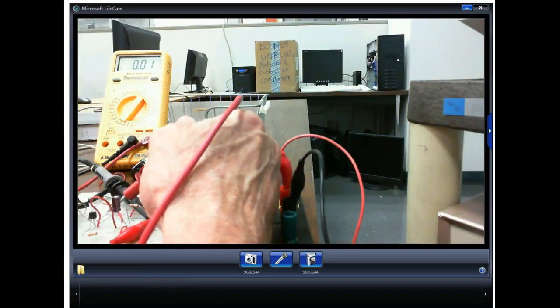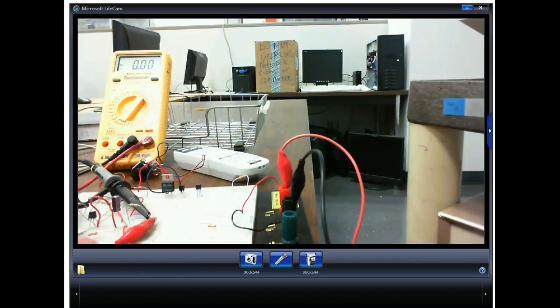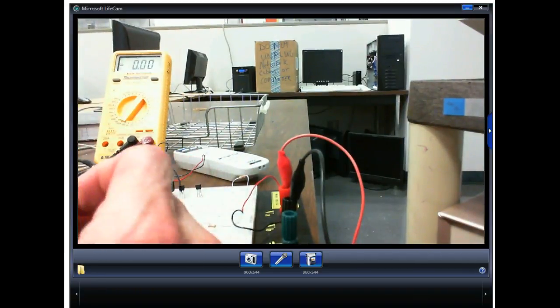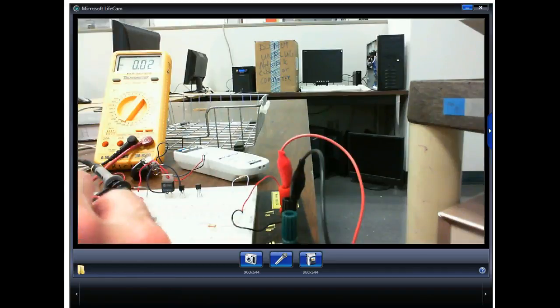This is, I'm sorry, this is VE. We measured VB before. So here's VB. We measured wrong a while ago, guys, because I was using the wrong common. So here's VB. That's exactly what it was before.